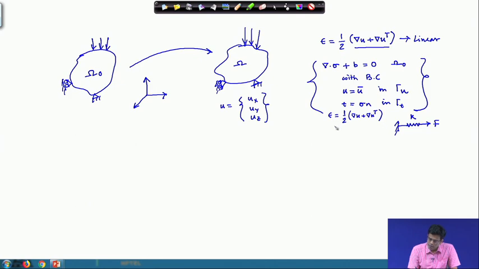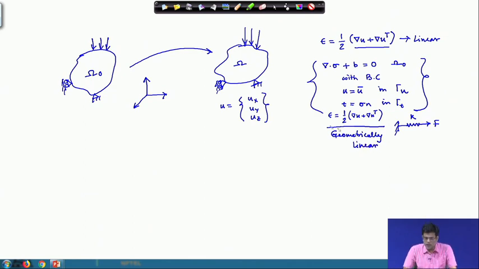This implies that this is a linear strain problem, or small deformation problem, or small displacement problem. This kind of problem is geometrically linear. That means the strain displacement relation is linear.